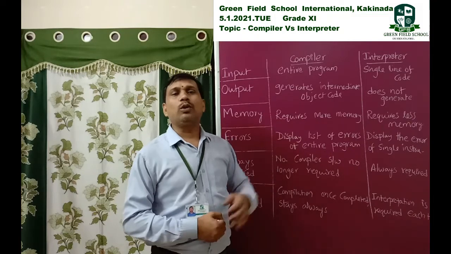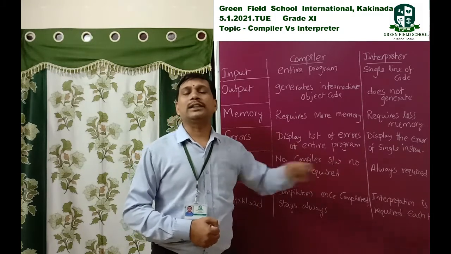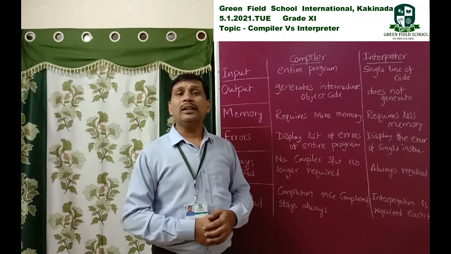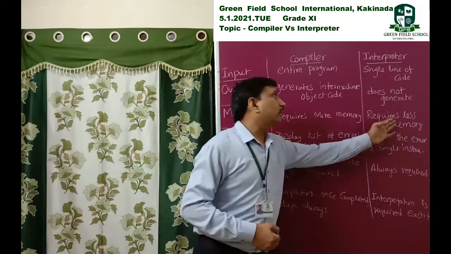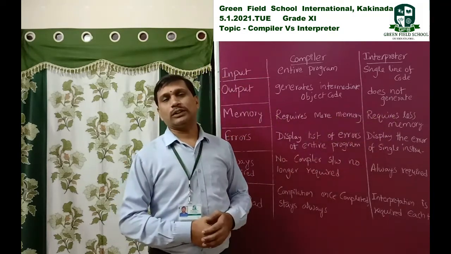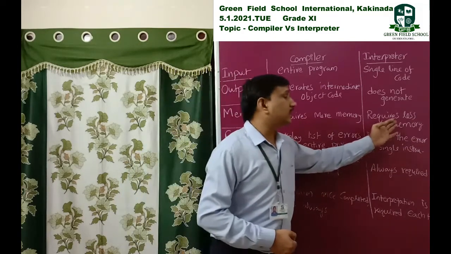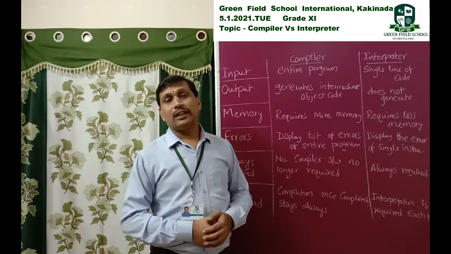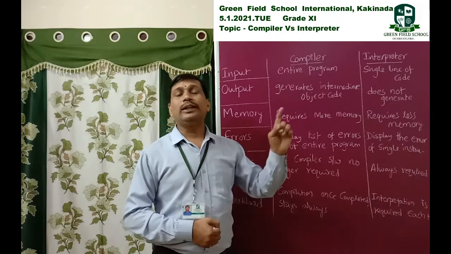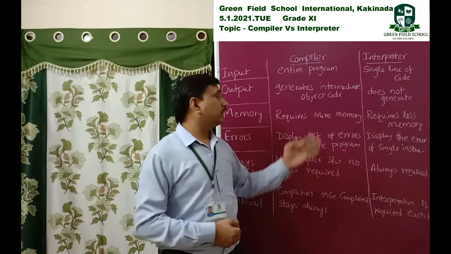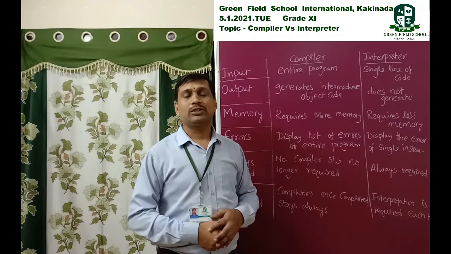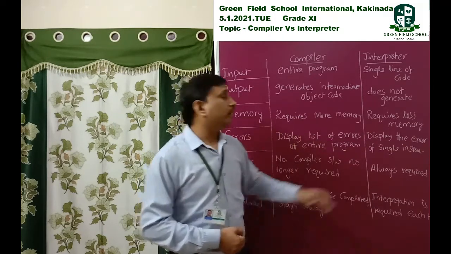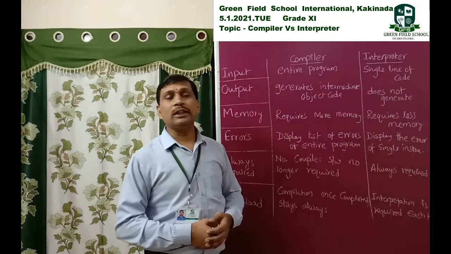It consumes more memory to store all these instructions in memory. That's why it requires more memory when compared to the interpretation process, because the interpretation process converts only a single line of code, but the compiler takes all the lines at a time.